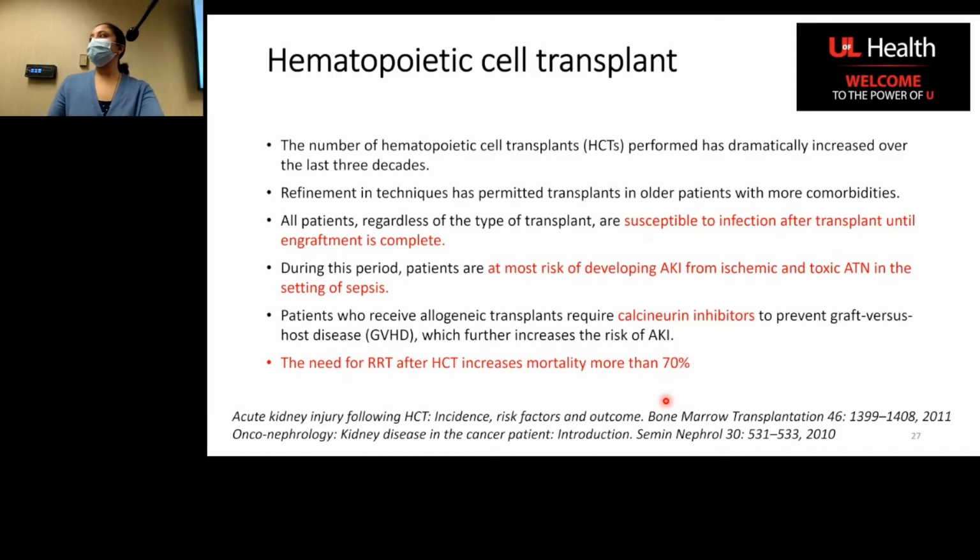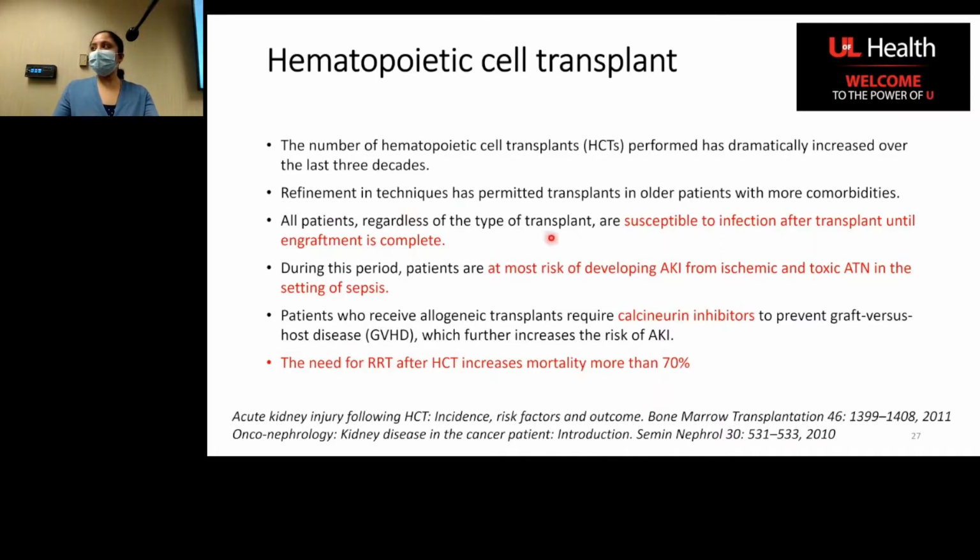Then moving on to hematopoietic cell transplant. This is also something we are seeing a lot, especially at University Hospital because of the bone marrow transplant unit. Over the last 3 decades, the number of transplants has dramatically increased, and the technique is so much better now that even older patients with higher comorbidities are being transplanted.